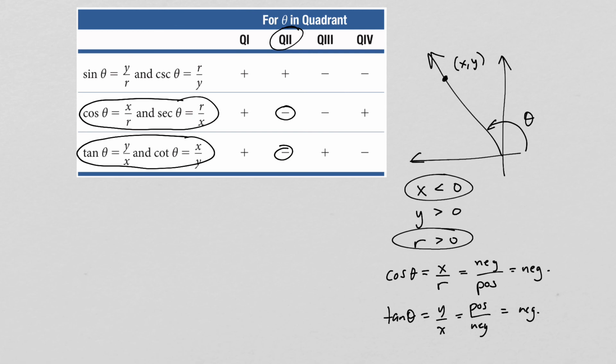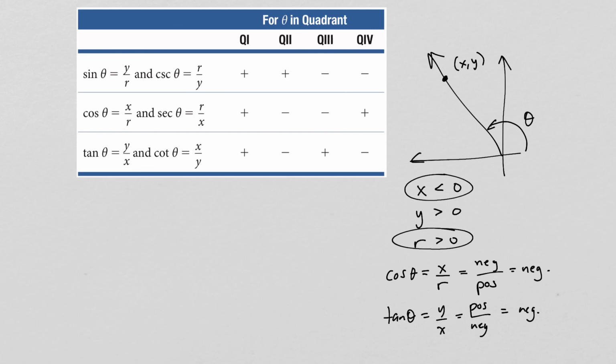Now you can go through and do this for every single quadrant, but the way to remember this is not where the trig functions are negative, but rather where they are positive. So I want you to notice that in the first quadrant, they are all positive. In the second quadrant, only sine and its reciprocal, which is cosecant, is positive.